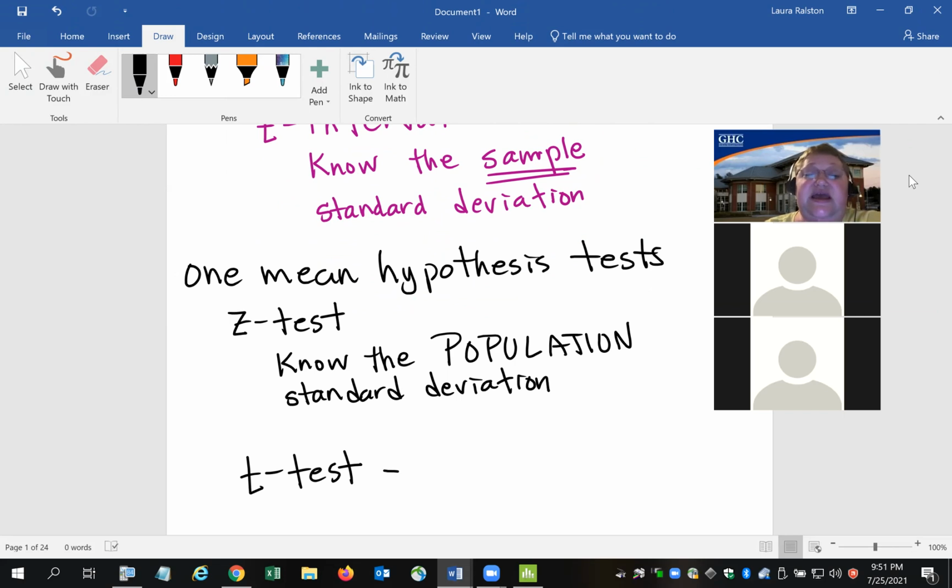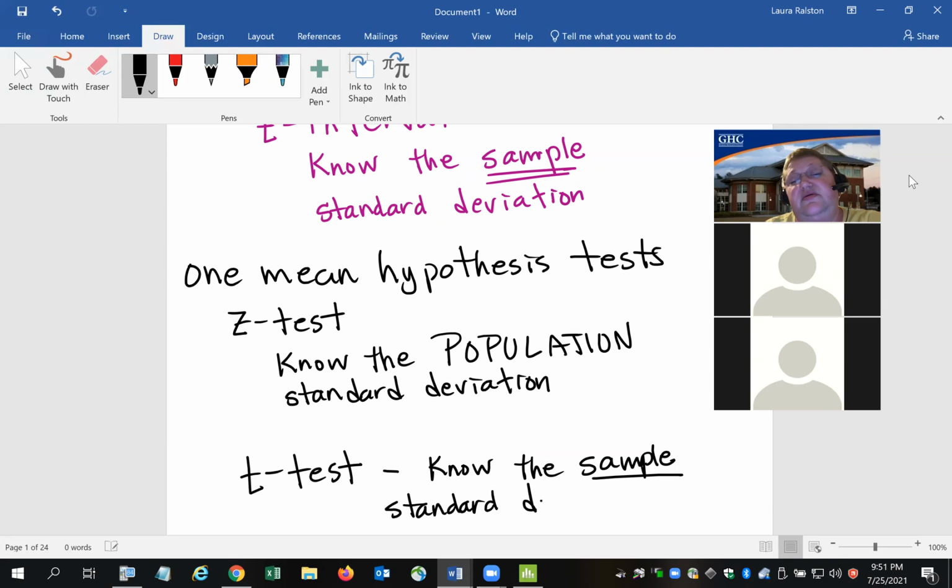We do a t-test when we know the sample standard deviation. So it's the same guidelines. It comes down to what standard deviation do you have? Do you have the population standard deviation or do you have the sample standard deviation?